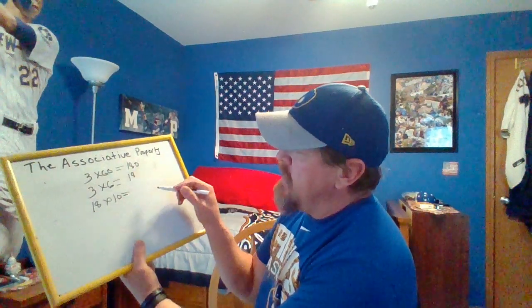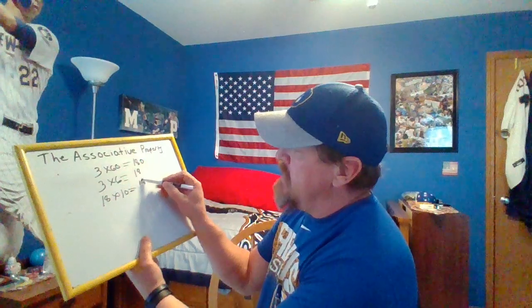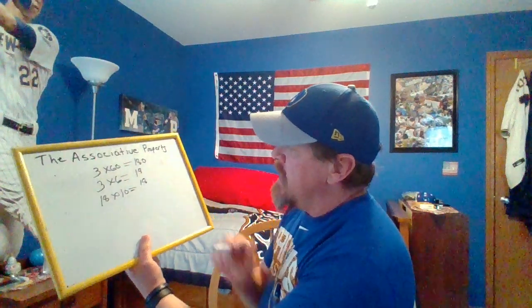Then I know that 18 times 1 is 18, and 18 times 10 would be 180. All right, moving forward, we'll use those numbers, 3 and 60, 3 and 6, to do the next part of our problem.